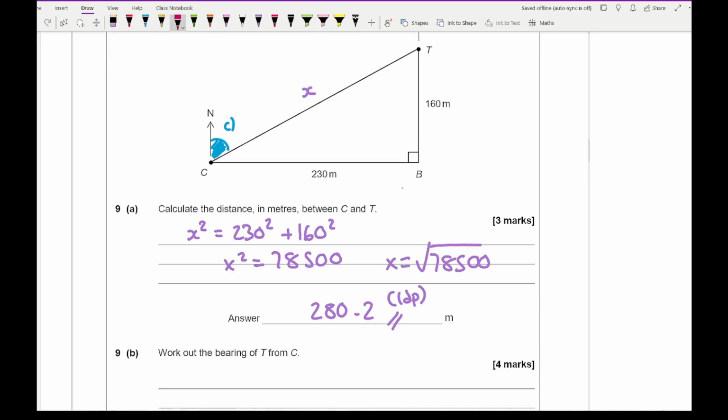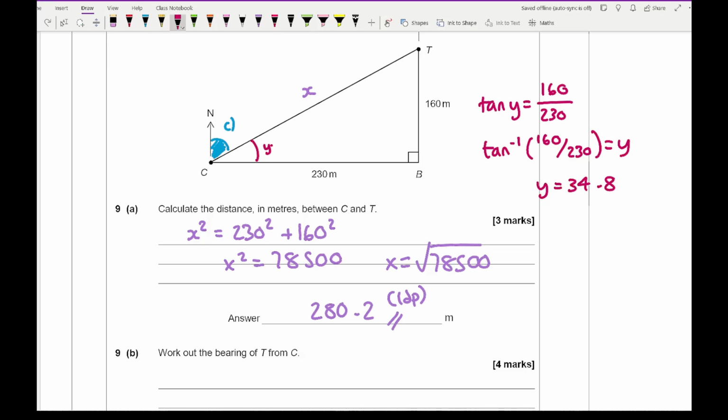So in order for me to work that out, if I work out this angle here, which I just call Y, I then know that tan Y equals 160 over 230. So then Y is going to equal the inverse tan of 160 over 230. So Y equals 34.8.